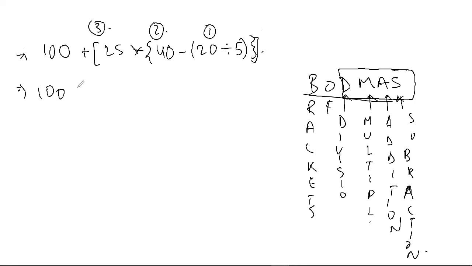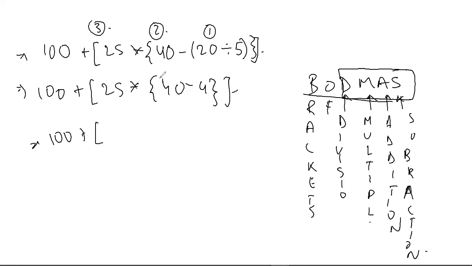So let's solve the round bracket sum first. So 20 divided by 5 is 4. Then you have to solve the curly braces, which are the second part of the sum. And finally you have to solve the square brackets.